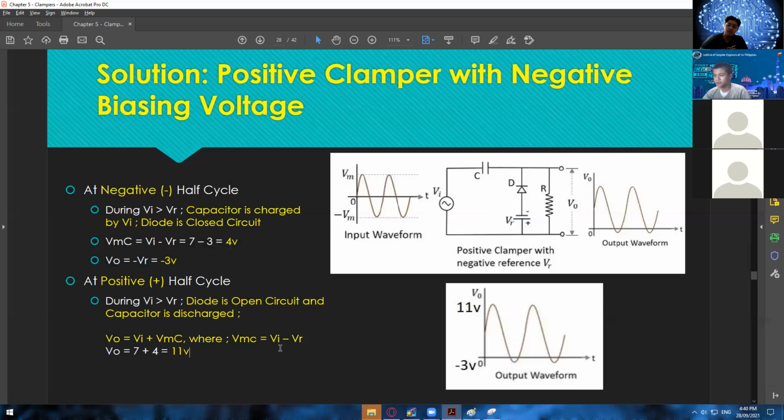So are we clear so far regarding this example? I can give you guys more time to reanalyze. And if ever you have a question, don't be shy to ask.